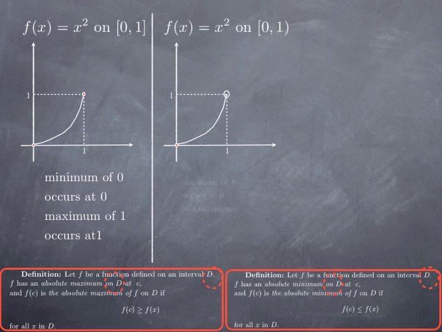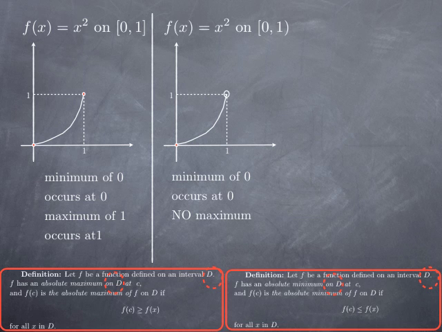So there is no maximum in this case, because for any x that I pick in the interval [0, 1), I can find another value in that interval that is between x and 1. The value of the function at that point between x and 1 is going to be greater than the value of the function at x.